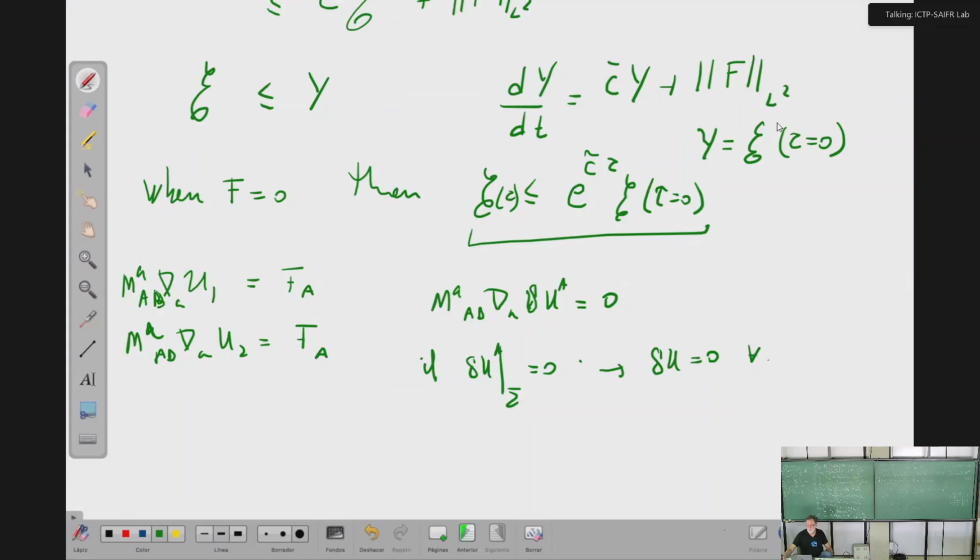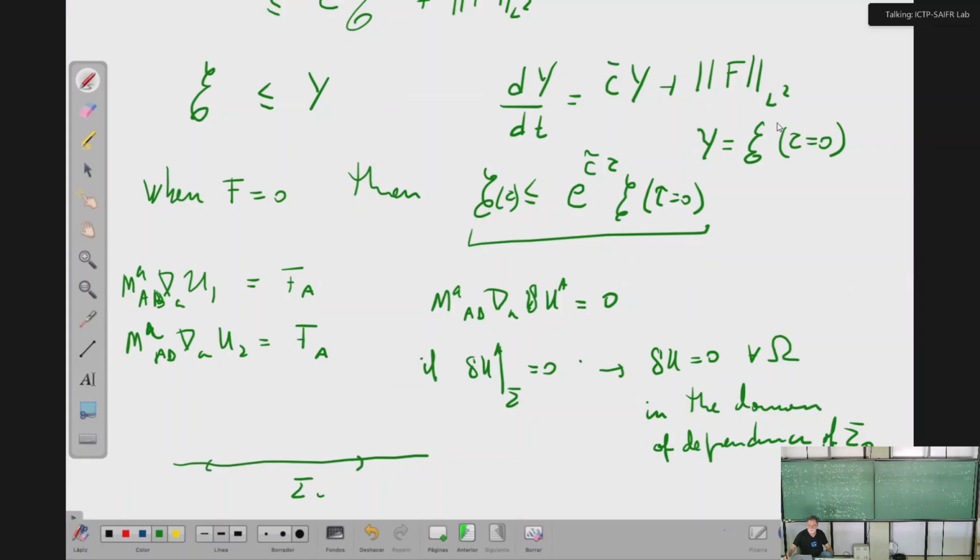for all omega in the domain of dependence of sigma 0. Okay? So if we have here the initial surface, I take this, this is sigma 0.